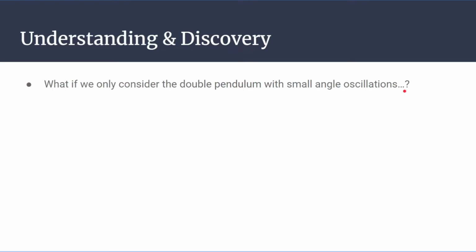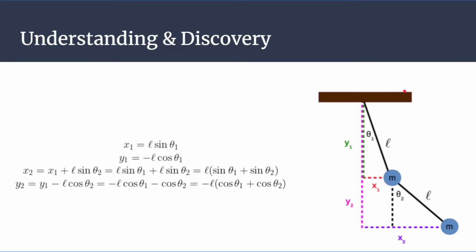What if we consider the double pendulum with small angle oscillations? We will start off with a diagram of a double pendulum. Suppose two point masses are each m, and the two massless strings are length h.